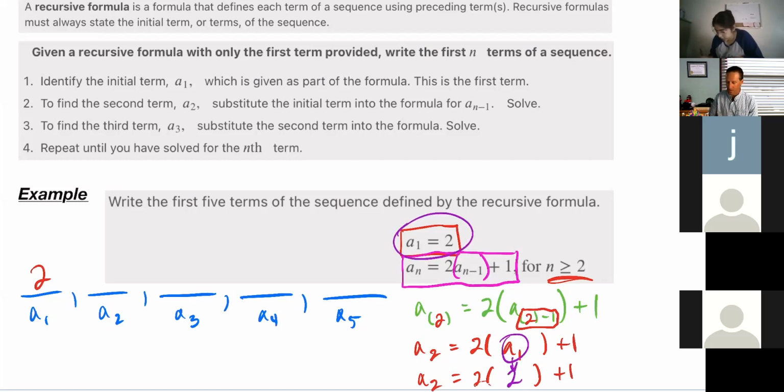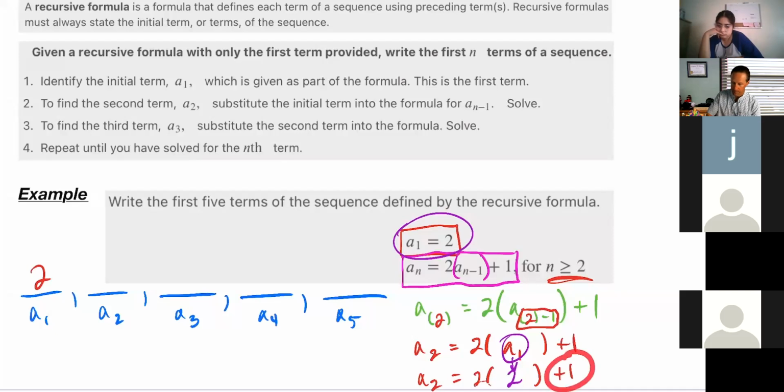So it's literally telling you what to do for every single one of these. And once you understand that recurring pattern, then you just do it to find the next, then the next, then the next. So we are going to double the previous term and then add 1. So double the 2, we get what? 4.